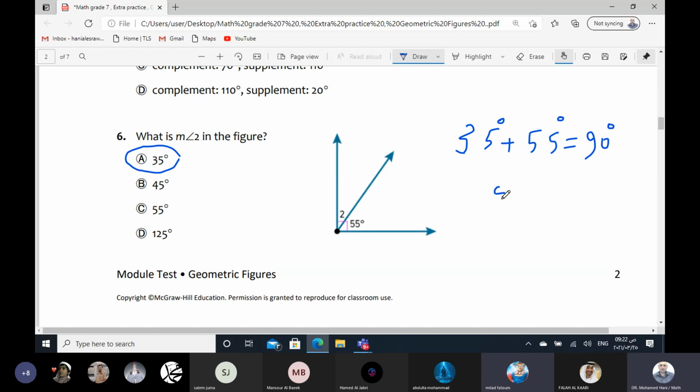Or we can write the measure of this angle, 90 degrees, minus the part of this angle, which is 55. So the answer will be 35. So we can choose A.